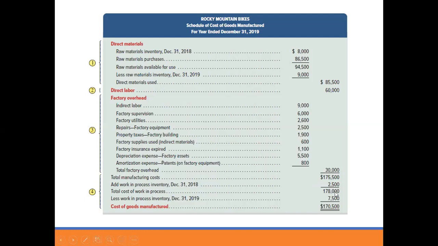That's going to give us the total cost of work in process through the year. And then we're going to subtract what we didn't finish by December 31st. And that gives us, of course, cost of goods manufactured. So I think it follows a logical order and makes good sense, but we will get practice preparing this together in class.